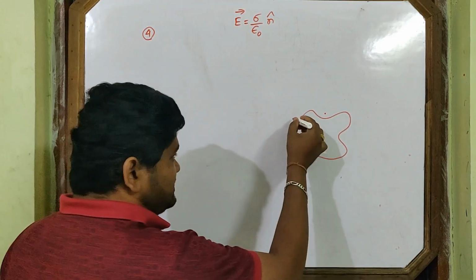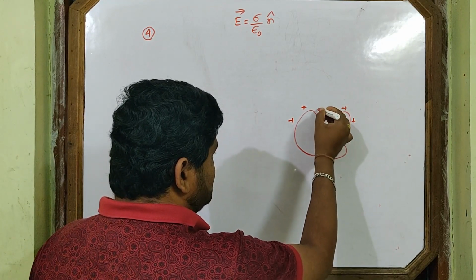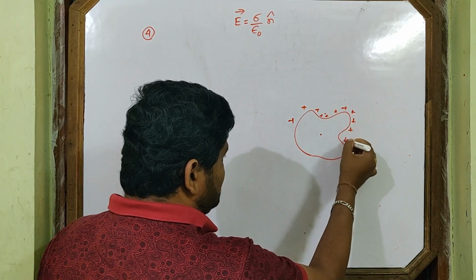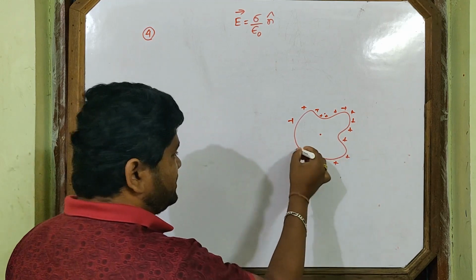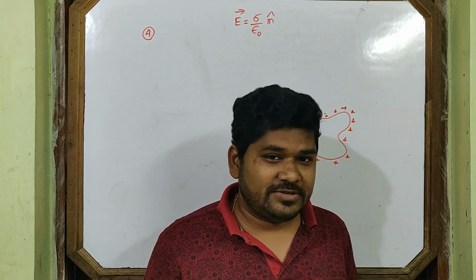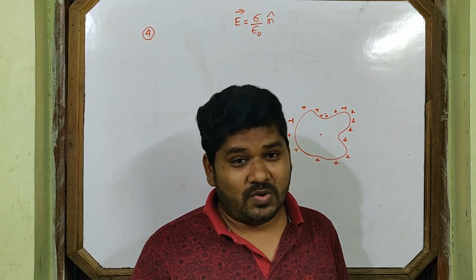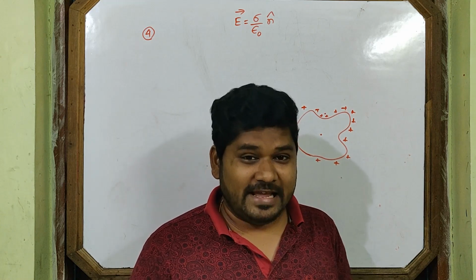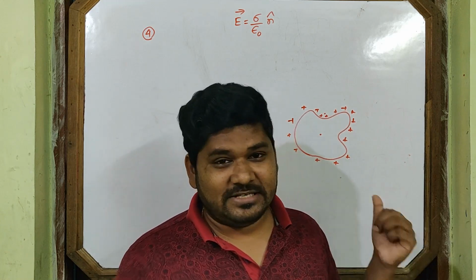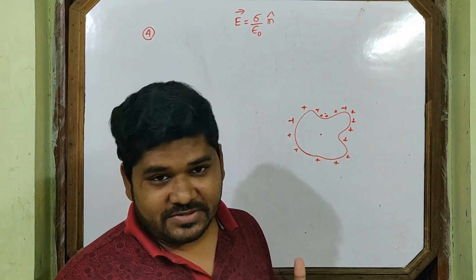How will we do this? Charges remain on the surface of conductor. Here the charges are present everywhere. Then which density will come: lambda, sigma, or rho? You are thinking the answer is sigma because it is surface charge density. Charges are present on the surface.